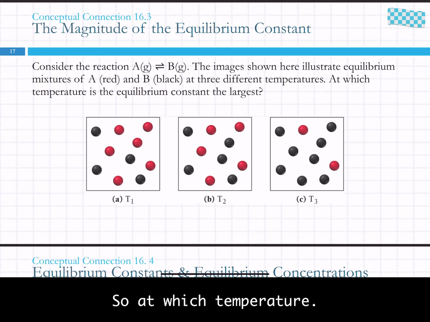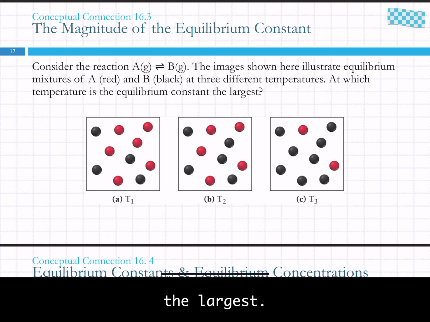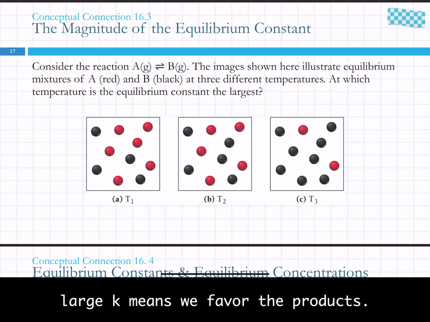So at which temperature is the equilibrium constant the largest? Large K means we favor the products.